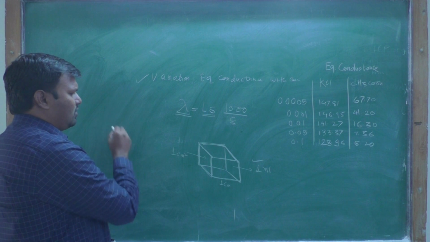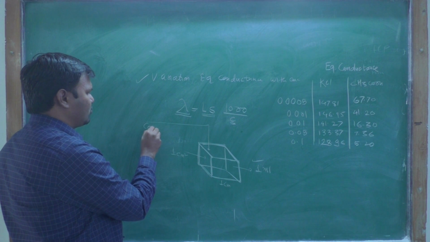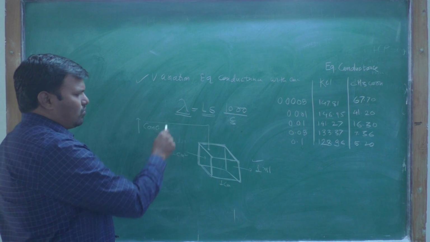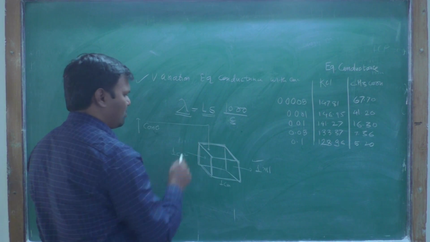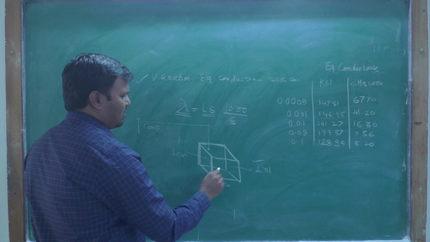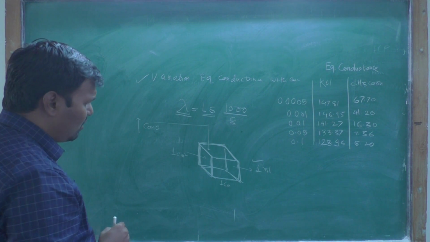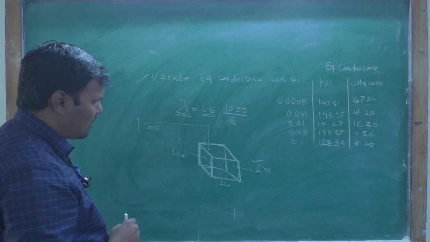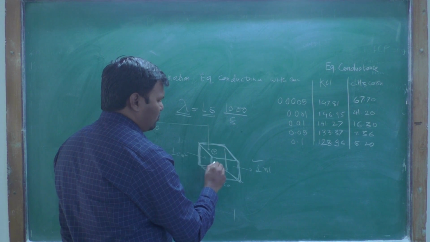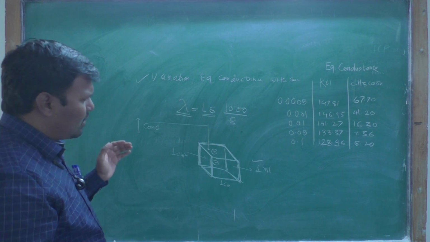Suppose you increase the concentration. Throughout there is the cell, the electrode, but you have to measure what is the conductance in this 1 ml, that particular region. When you increase the concentration, the positive and negative ions also increase, because it is a strong electrolyte.